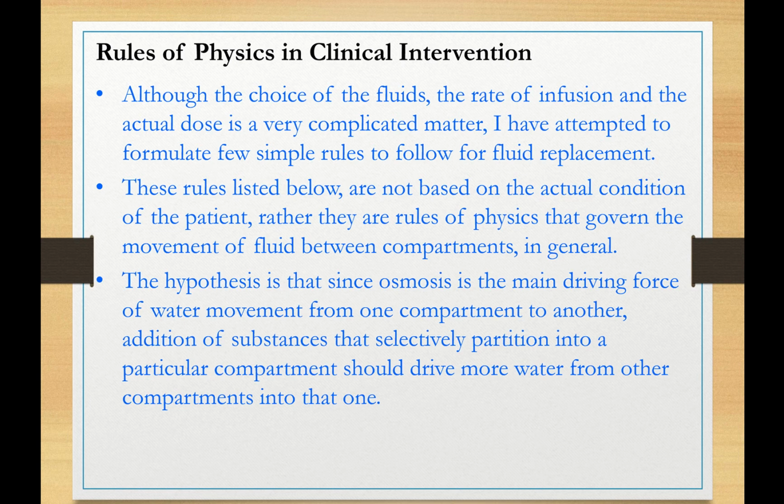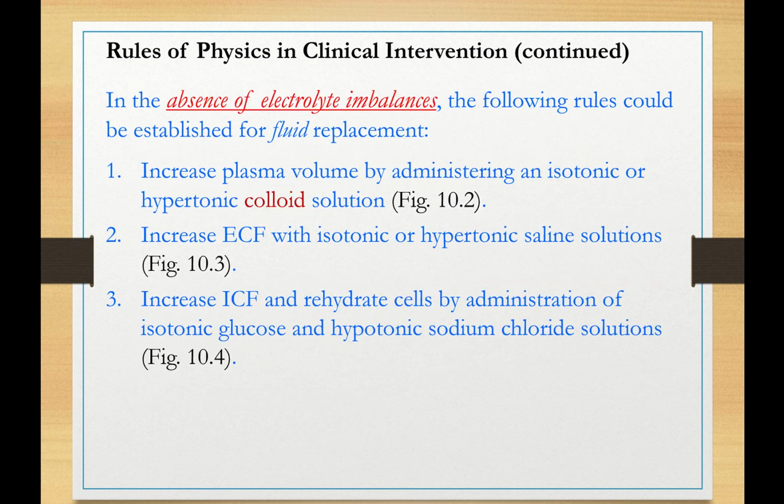I have realized that there were really no rules out there that can at least stimulate or trigger a thinking process. And what I've done here is I've created a set of rules that are basically based on osmosis, based on whether a patient has deficiency of electrolytes or not, you could at least make a decision of the initial treatment. So let us take a look at those rules of physics in clinical intervention.